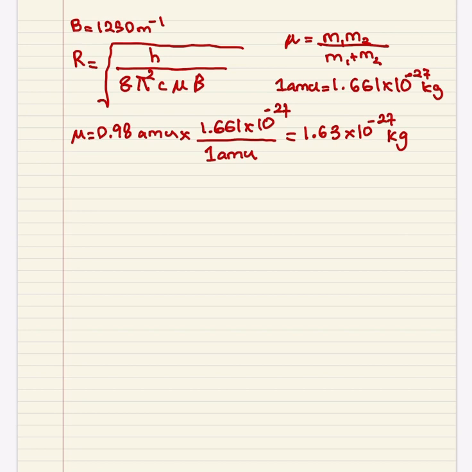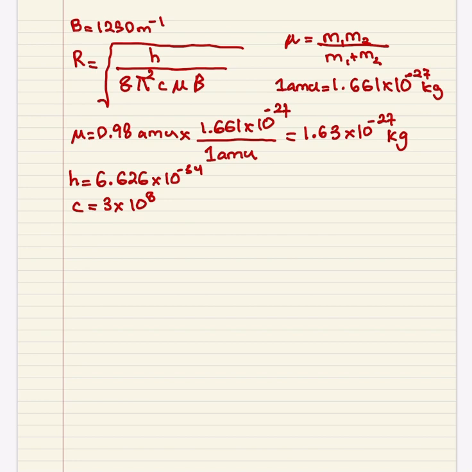So now, let's gather all the variables. We have the Planck constant, h, equal to 6.626 times 10 to the negative 34. We have the speed of light constant, which is equal to 3 times 10 to the 8.